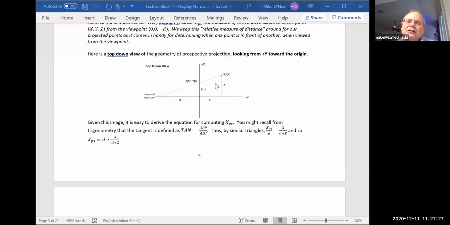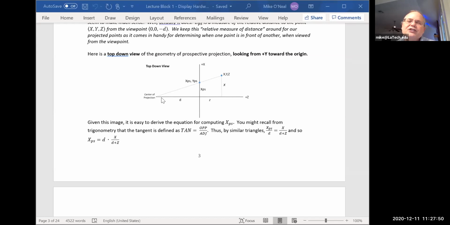So how do I know where this XY is actually at? Well, I'm given the vertices of the point that I want to project. I'm given an X, a Y, and a Z, right? I'm also given a distance that I am in front of the screen, distance to the center of projection to where we are assuming the viewer is at, okay?